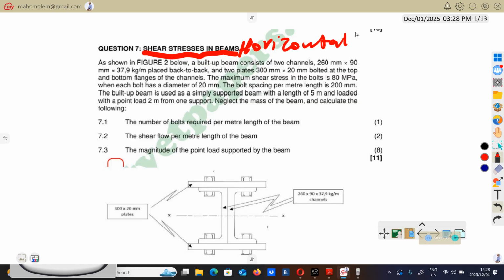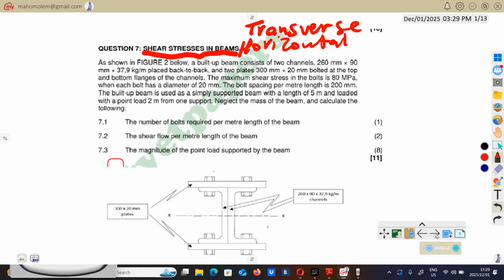I'll just show you where that is coming from. But in general, we have the vertical shear stress and the horizontal shear stress.